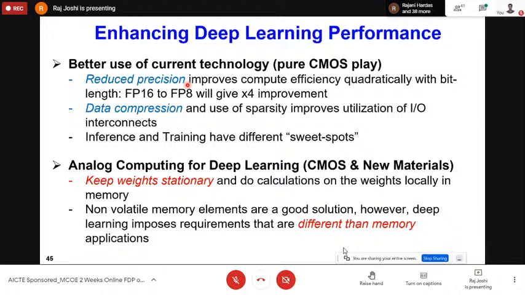We don't need to sweat to get 1.1, and that is called reduced precision, and that is translated into your hardware. Data compression and the use of sparsity improve utilization, all kinds of things. And inference and training have different sweet spots, so we have to leverage that.